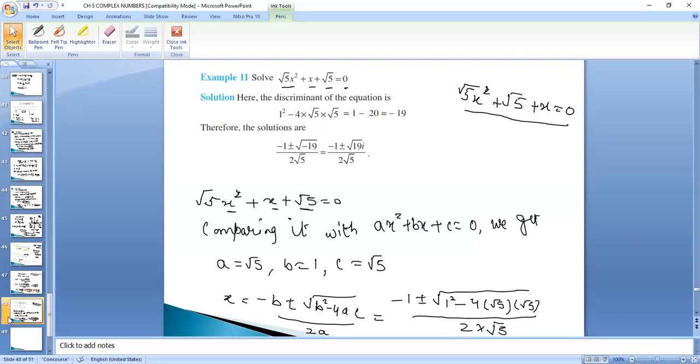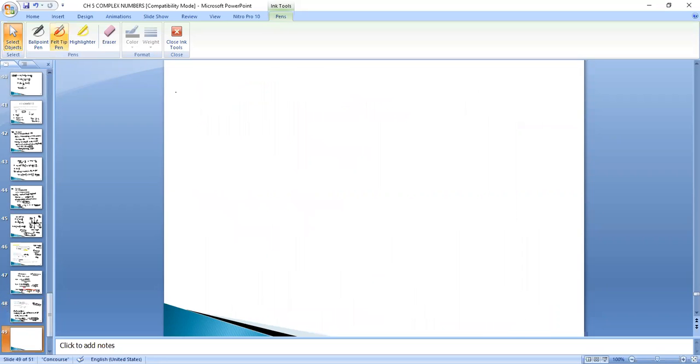So minus 1 plus minus root 1 minus, so it will be root 5 into root 5, 5 into 4, 20. So we will be writing x will be equal to minus 1 plus minus, it was minus 1 only, right?